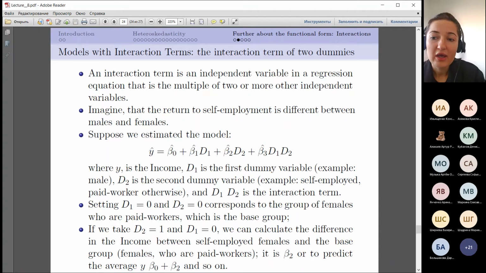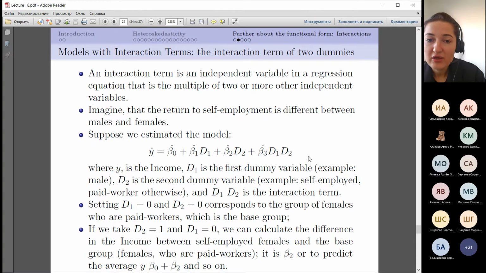And also we want to check if the self-employed status gives some premium that depends on the gender.